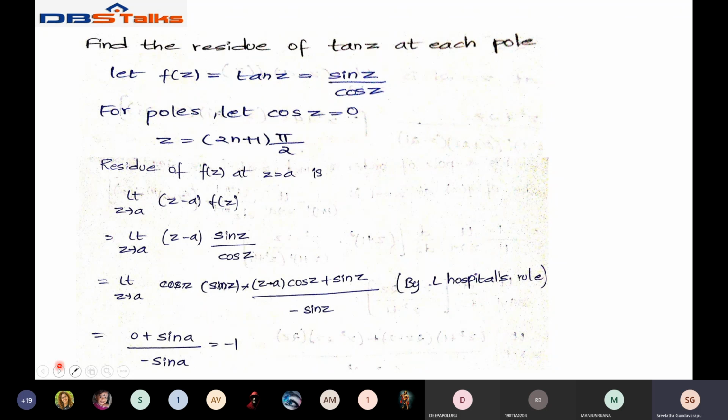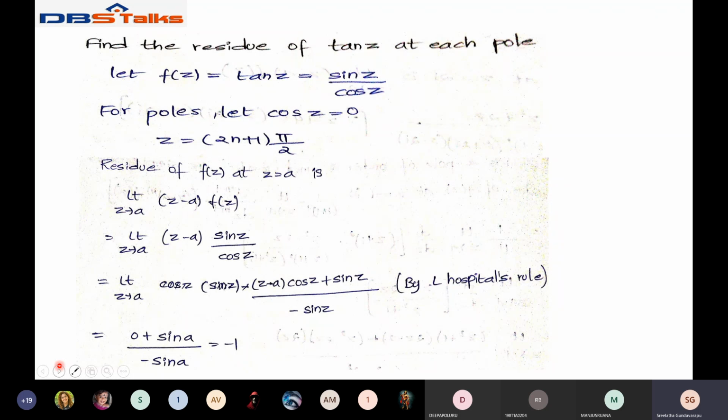So limit z tends to a of (z-a) into sin z/cos z. Now we substitute z equal to a, that gives 0/0 form. So we have to use L'Hospital rule. L'Hospital rule means differentiating numerator and denominator, then substitute the limits.